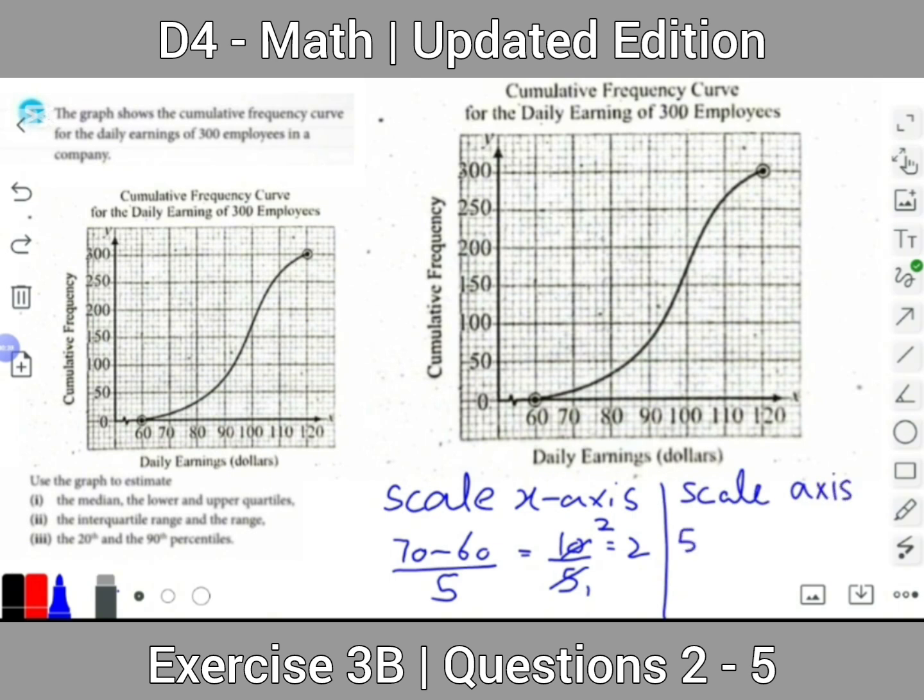Now the scale for the y-axis, we have the value 50 minus 0 divided by 5, not 2, and equals 50 over 5, and after simplification we will get 10. Now the scale along the y-axis is equal to 10. It means each square unit along the y-axis is equal to 10, and each square unit along the x-axis is equal to 2.